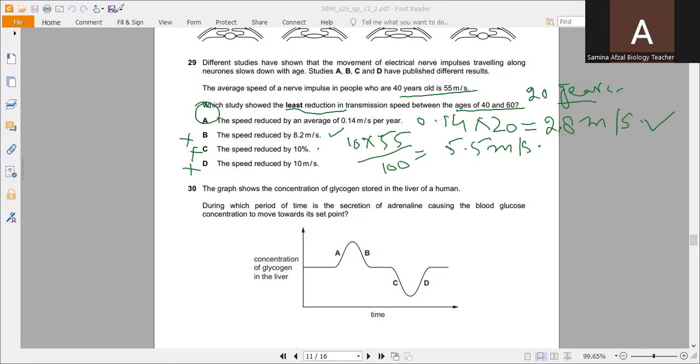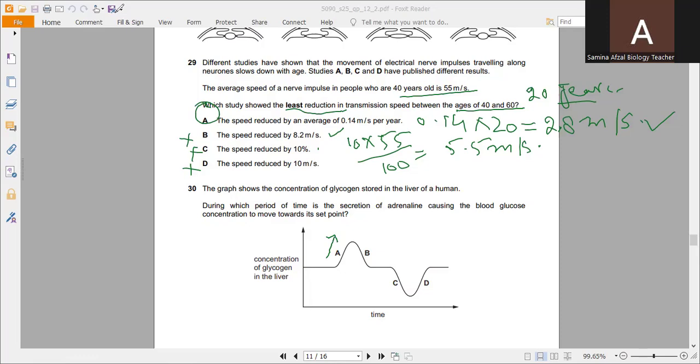Here you can see on the graph, at point A, the concentration of glycogen in the liver is rising.